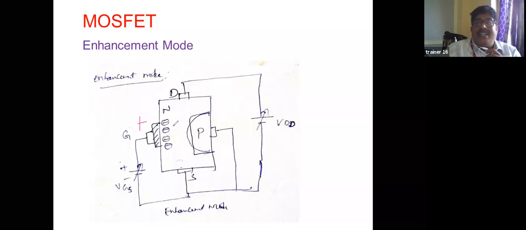That means the current is enhanced, the current increases. This negative terminal is connected to the source, so here also the negative charge develops. Electrons develop, thereby the current increases. That's why it is called enhancement mode. In this mode, the current increases, right?